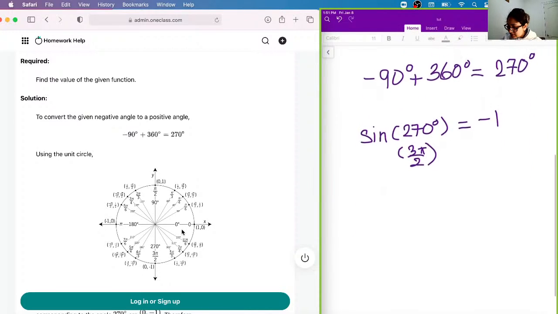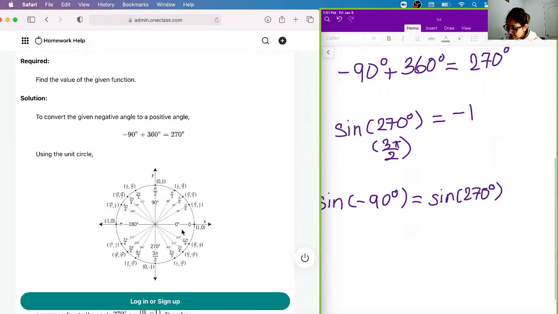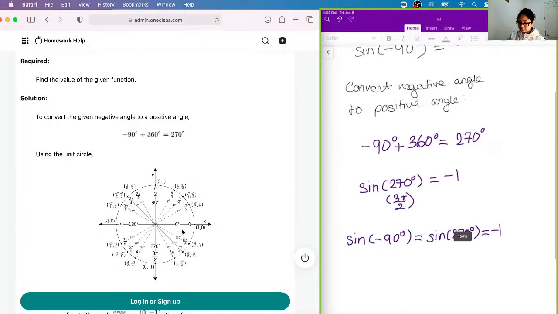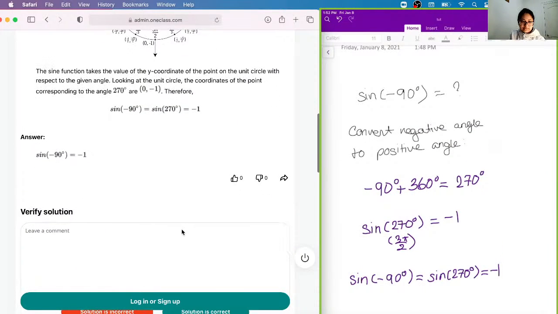So basically you can say that sine of -90 degrees is equal to sine of 270 degrees. So these are related angles, and this is equal to -1. And this is correct.